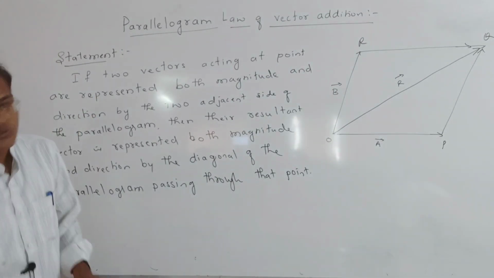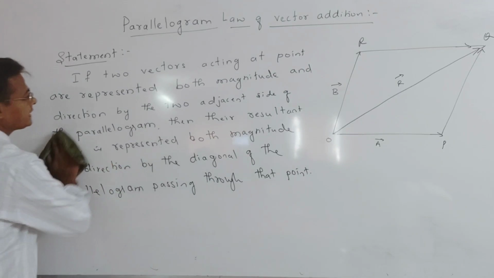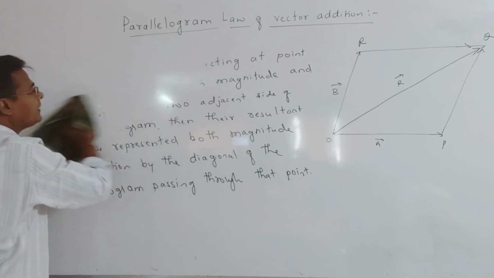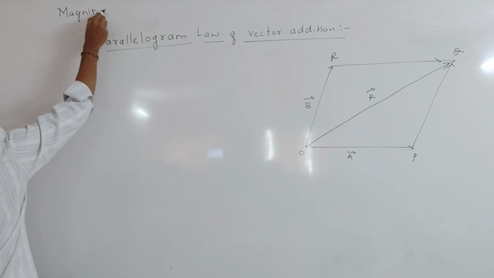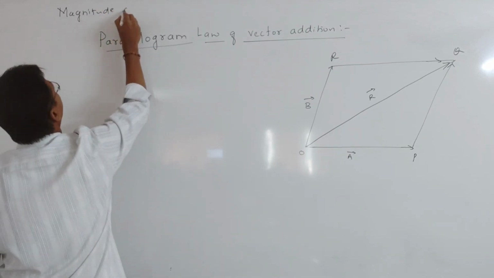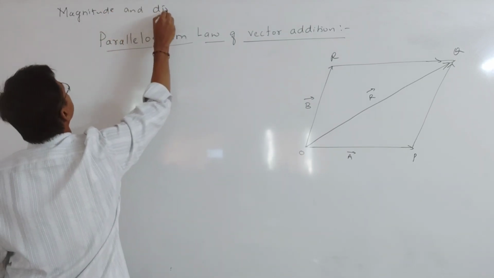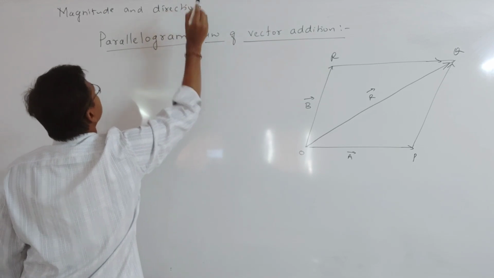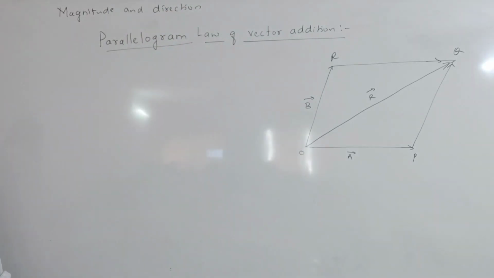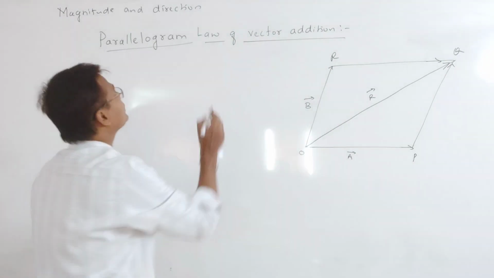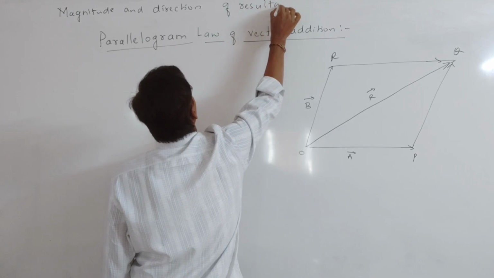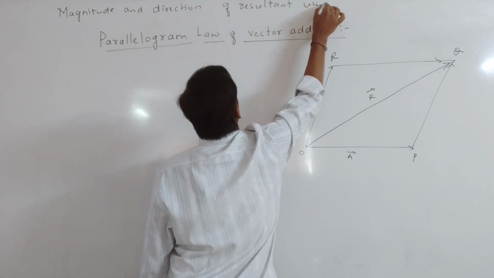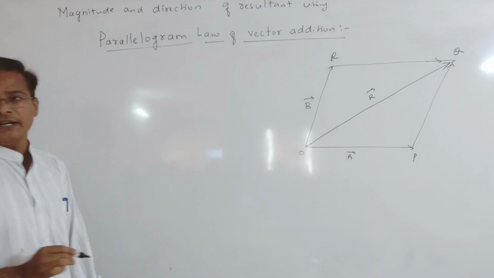So now we are going to understand the magnitude and direction of the resultant using the parallelogram law of vector addition.